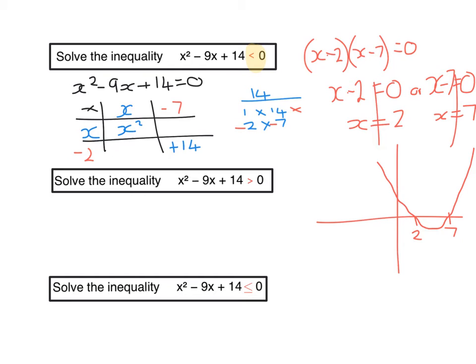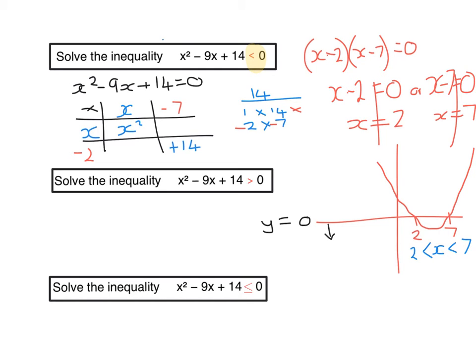Well, this line here would be y equals 0. So anything less than 0 is going to be below the line. So I'm actually going to have x is between 2 and 7. So that's the answer to the first part.